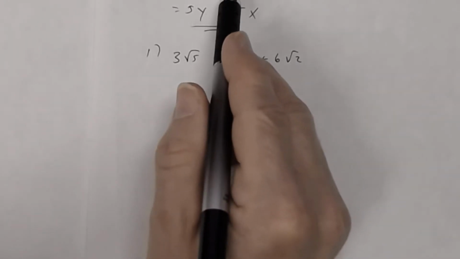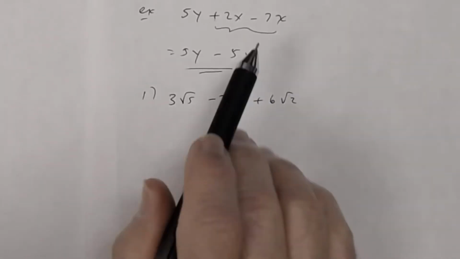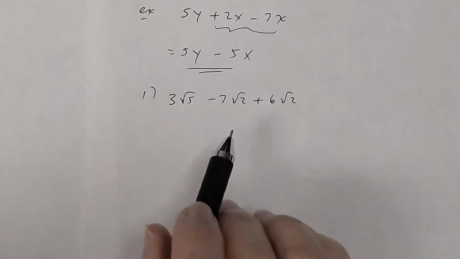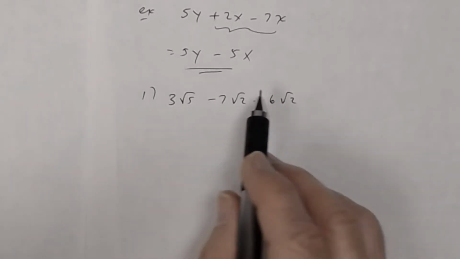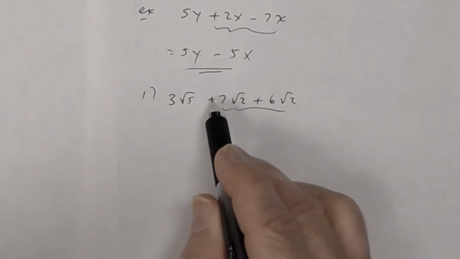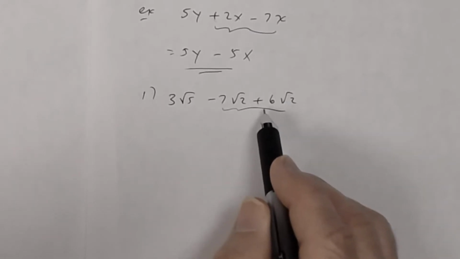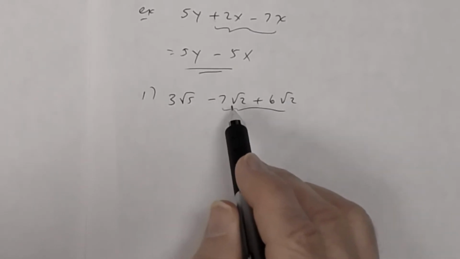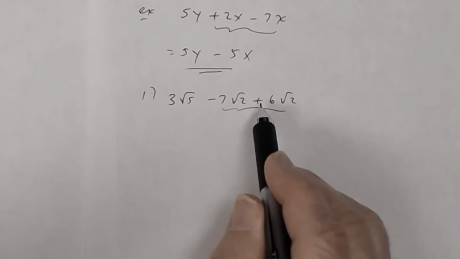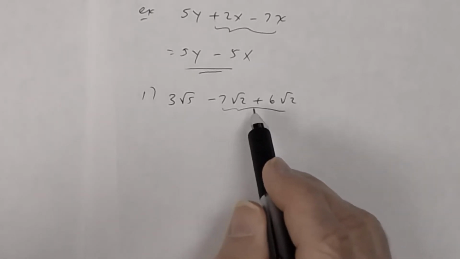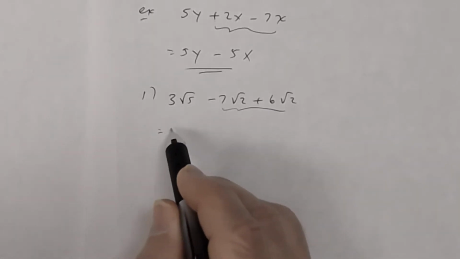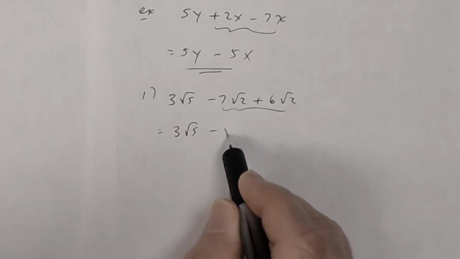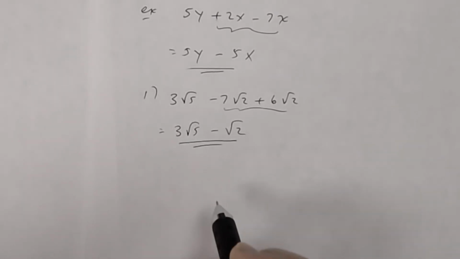So just like we did this, you look at the coefficients, 2 and a negative 7, do the same thing here. So these two I can combine. What's a negative 7 and a positive 6? So a negative 7 square root of 2 and a positive 6 square root of 2 is a negative 1 square root of 2. So this becomes 3 square root of 5 minus square root of 2. Okay, so that's the answer.